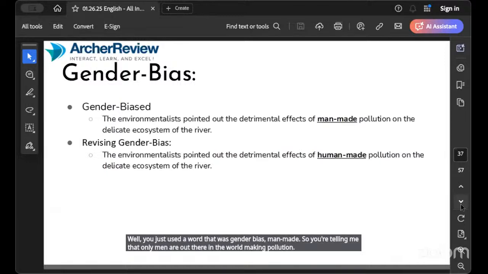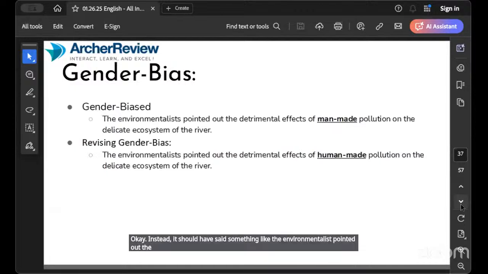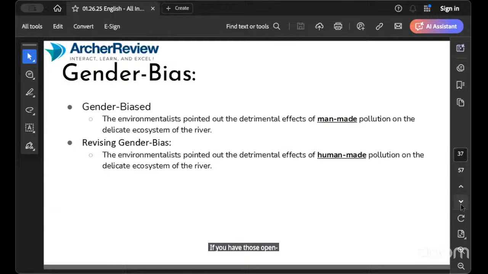No, we cannot blame men for all of the pollution in the world. Okay. So instead, it should have said something like the environmentalists pointed out the detrimental effects of human-made pollution on the delicate ecosystem of the river. So, again, if you have those open-ended questions, be on the lookout for gender bias. Okay, that's something you would want to avoid.